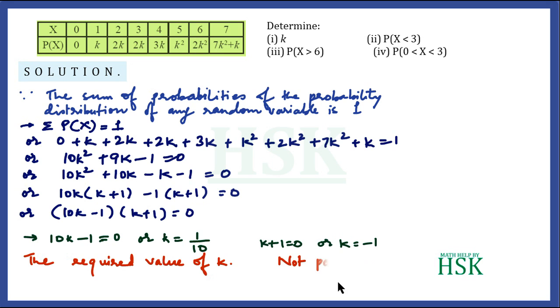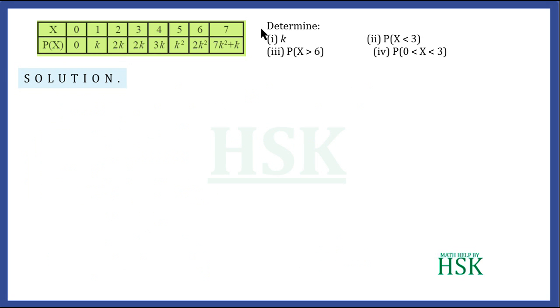Therefore k is equal to minus 1 will not be taken, as it is not a possible value of k. So the value of k is 1 by 10. Next we have to find the probability for X less than 3.